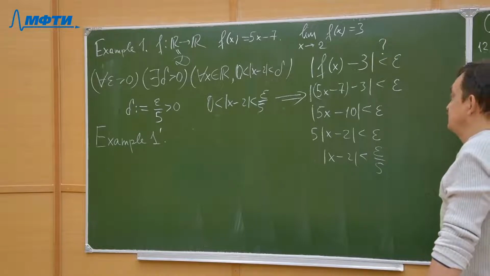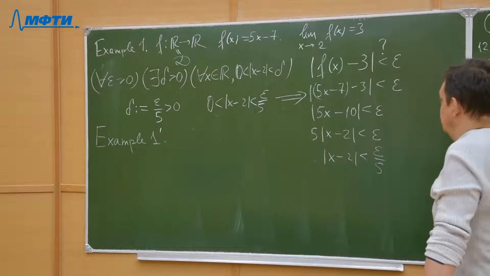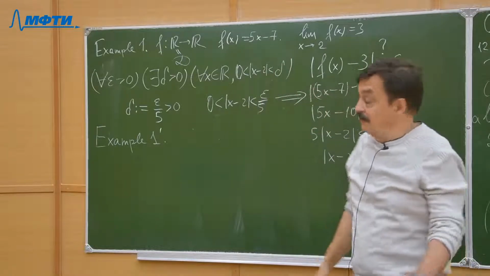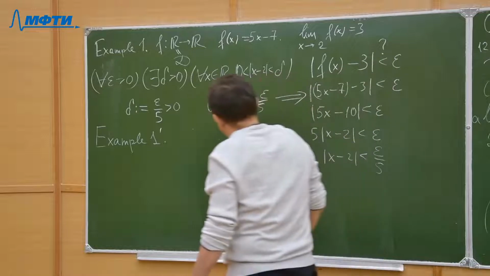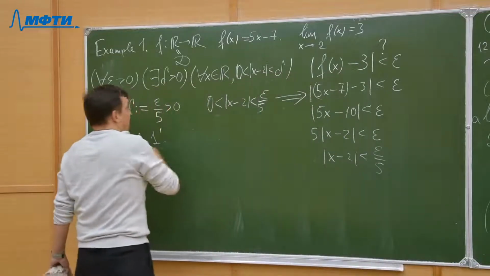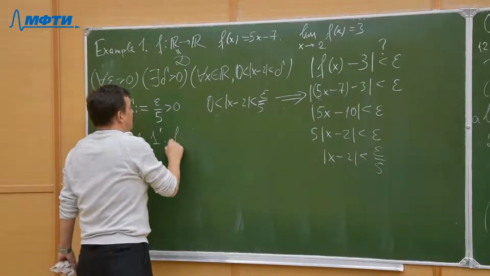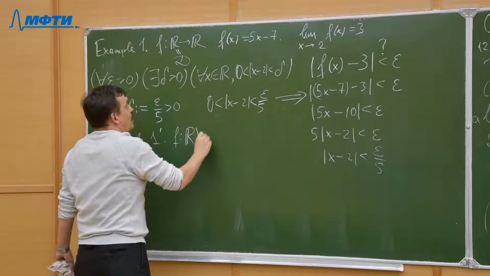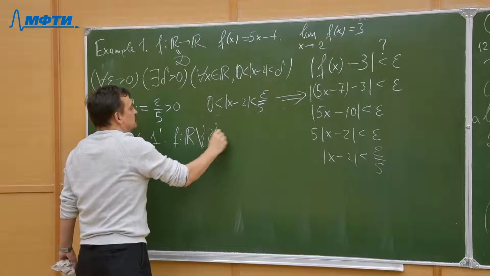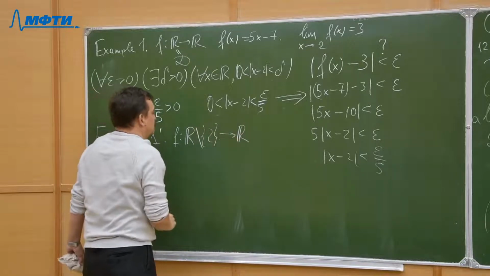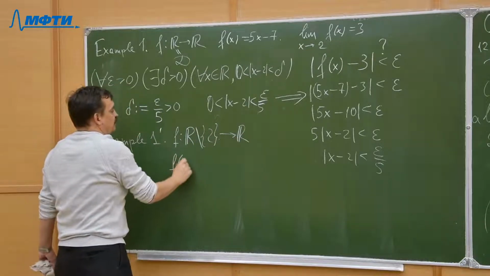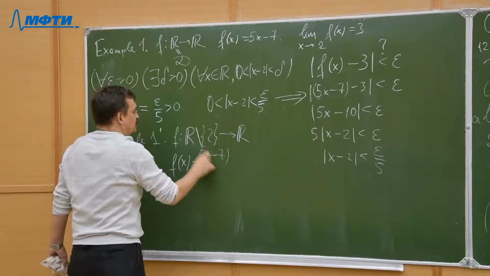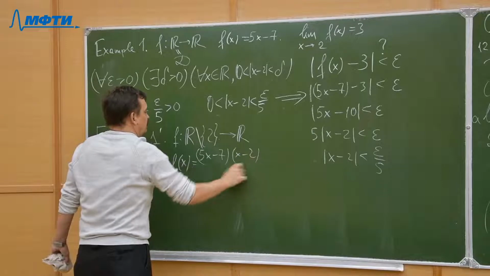So if you don't know anything about limits, you just substitute, that's it. Now let's modify a little bit. So f now from R without 2 to R, and the function will be defined like that.